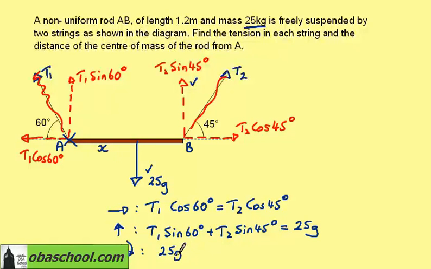So 25g multiplied by the distance from the pivot, which is x, must be equal to T2 sine 45 times its distance from the pivot, which is 1.2.